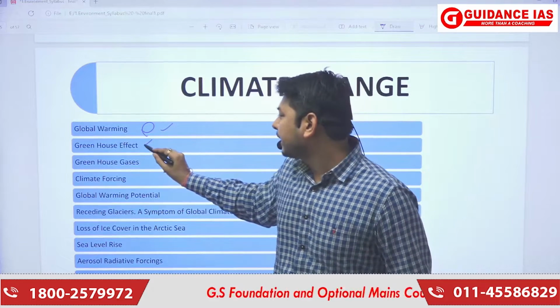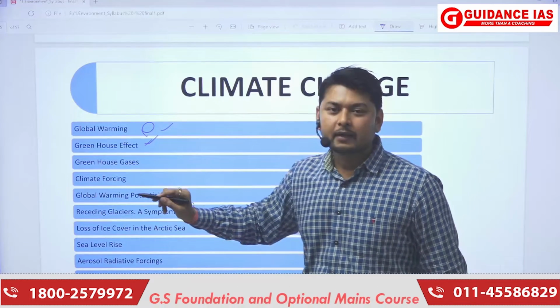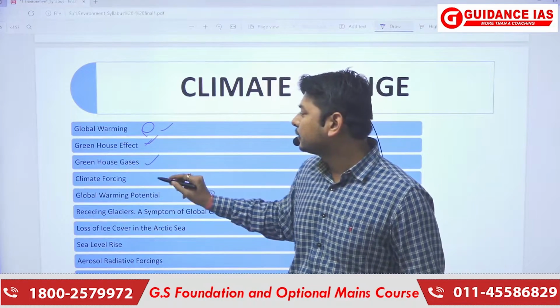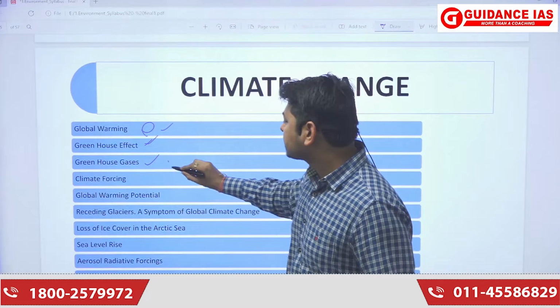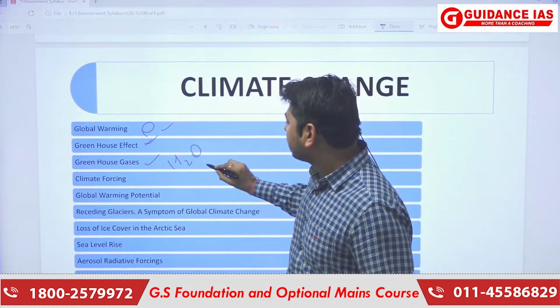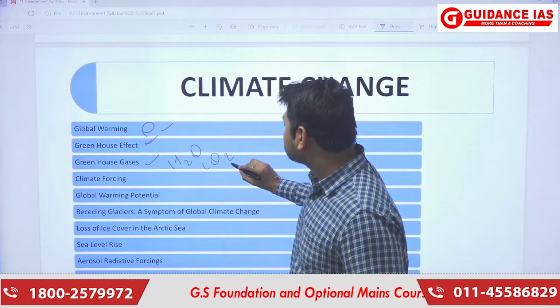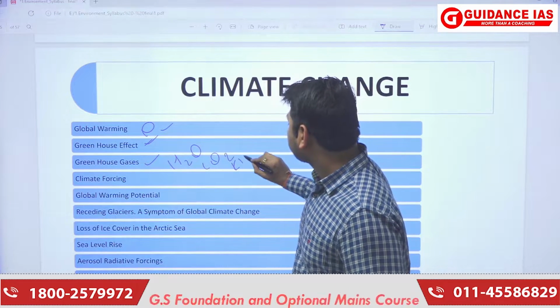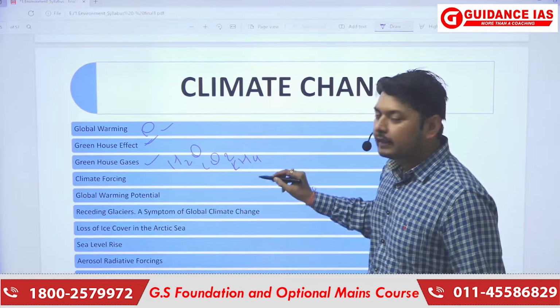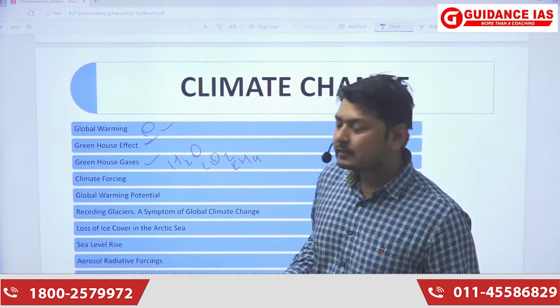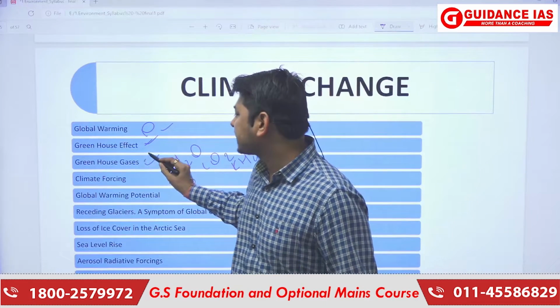So it is a kind of greenhouse effect. Then what are the greenhouse gases that do this? There are water vapors, CO2, and methane. There are also various refrigerant coolants that act as greenhouse gases.